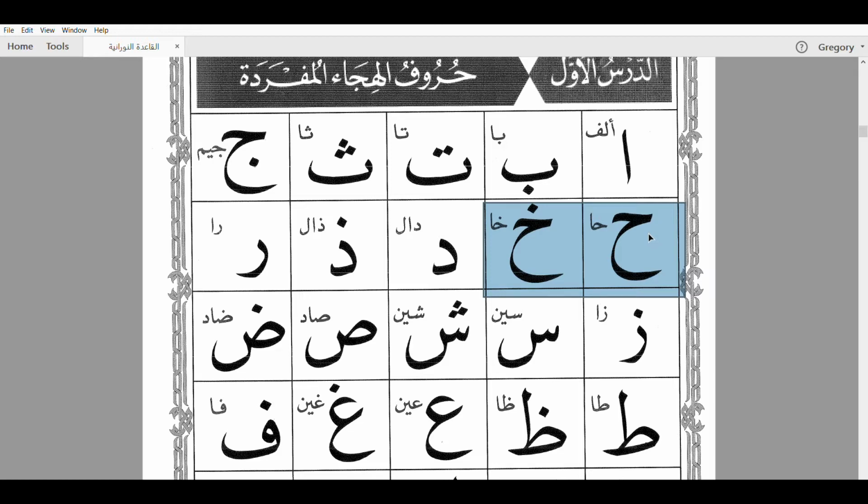Sort of like if you have a breath mint and you're trying to, like with your breath, that one's ha. And then you have kha up here, dot up top. The only thing we could think of with this was it looks like somebody is jumping trying to catch something above. I don't know. You can think of it however you want. Maybe somebody is choking while he's jumping to catch something.